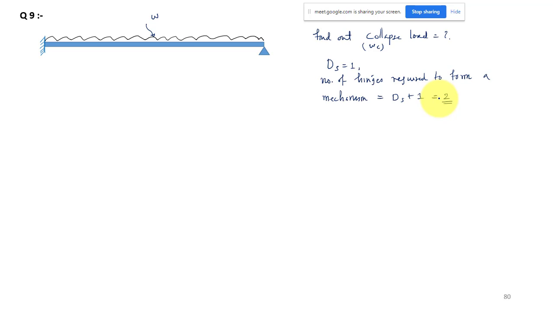We all know the shape of the moment diagram: maximum moment at the fixed support, 0 at the simple support, and then the free moment diagram for the UDL will be a parabola.